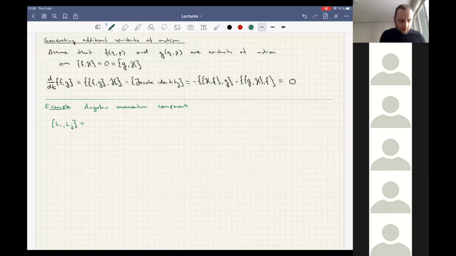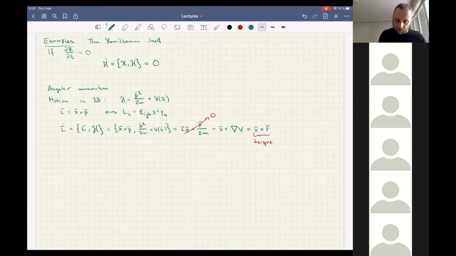So just writing out these components, I get epsilon i l k, epsilon j m n, and let me use the same indices as I used in the notes because it's going to be much more legible, x_l p_k, x_m p_n. Here I've just introduced the expression of the angular momentum components in terms of x and p.